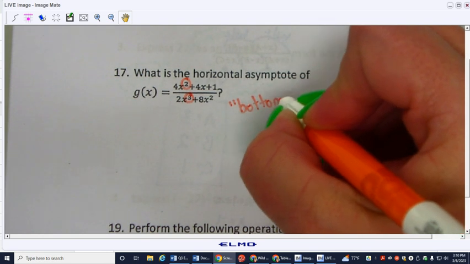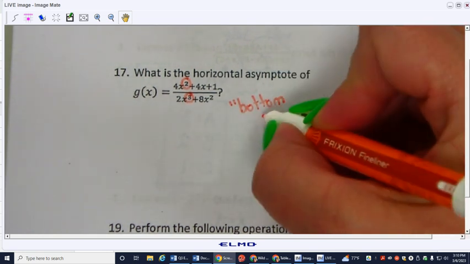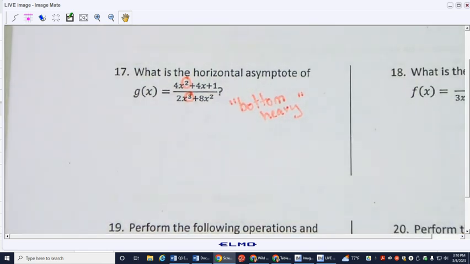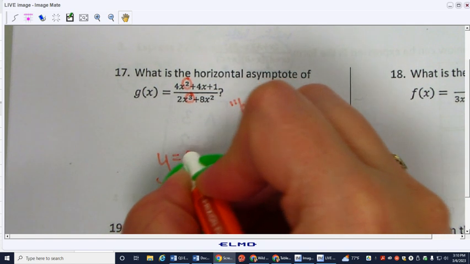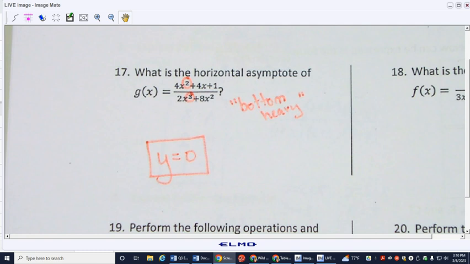I don't know that that's an official term, so if you go to college and say it's bottom heavy, your teacher may laugh. I don't know, but that's what I call it. It sounds wrong, but it's what I call it. All right, so this is bottom heavy, which means my horizontal asymptote is y equals 0. Easy peasy.